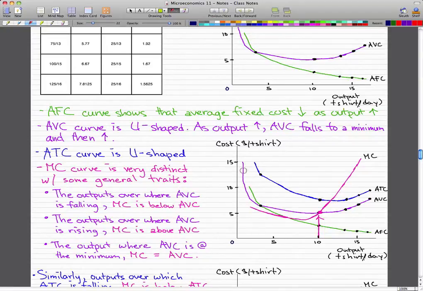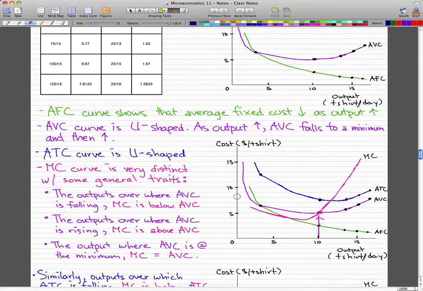So know that when average variable cost is falling, MC will always be below AVC. But over the output where AVC is rising, when it starts rising, MC is above AVC. The output where AVC is at the minimum, this is the lowest point, then the marginal cost is equal to AVC.